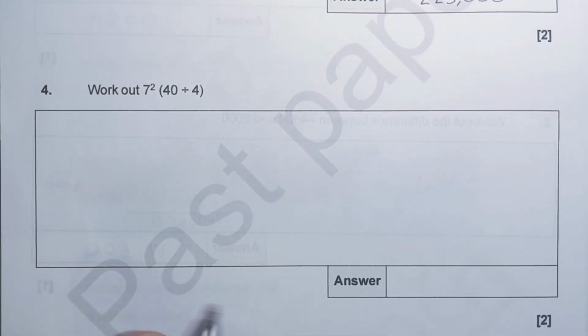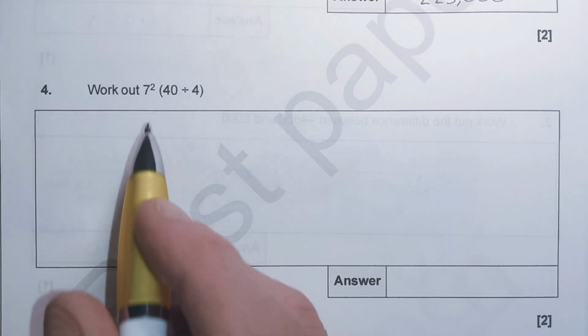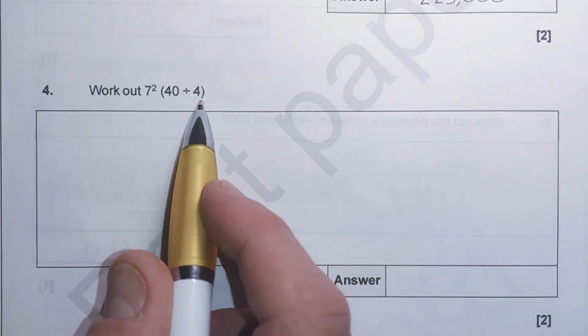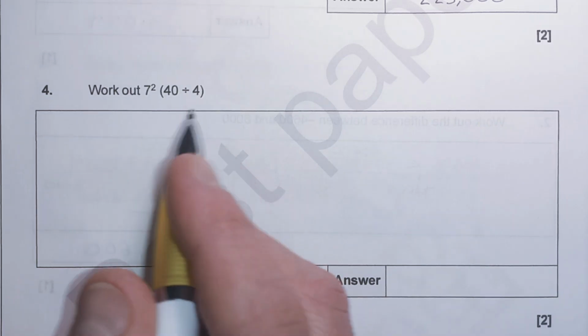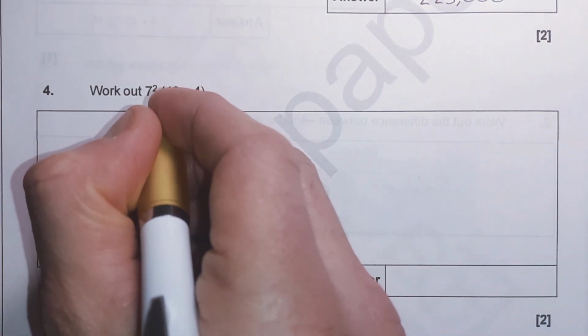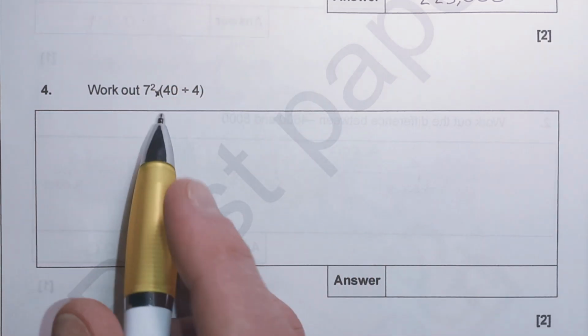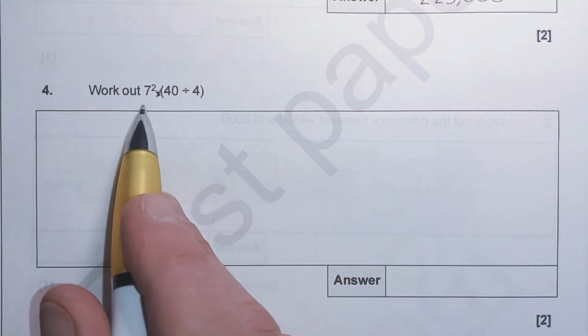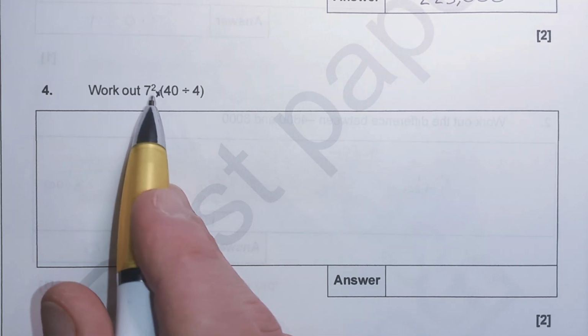Question 4. Work out 7 squared, and then we've just got brackets, 40 divided by 4. Well, when you've got something like this, if you've got a number next to brackets, there's an invisible multiply sign. You don't have to put it there. This is sort of algebraic notation, but it means that it's multiply.